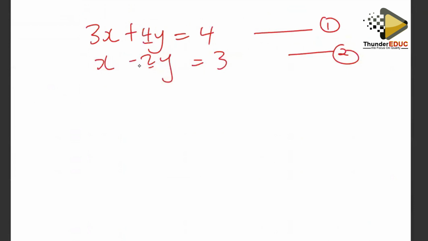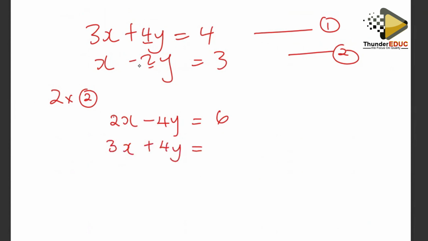So I'm going to say equation 2 times 2, because I want to create a 4 here. So my second equation is going to be 2x minus 4y is equal to 6. I'll just rewrite the first equation, which is 3x plus 4y is equal to 4.